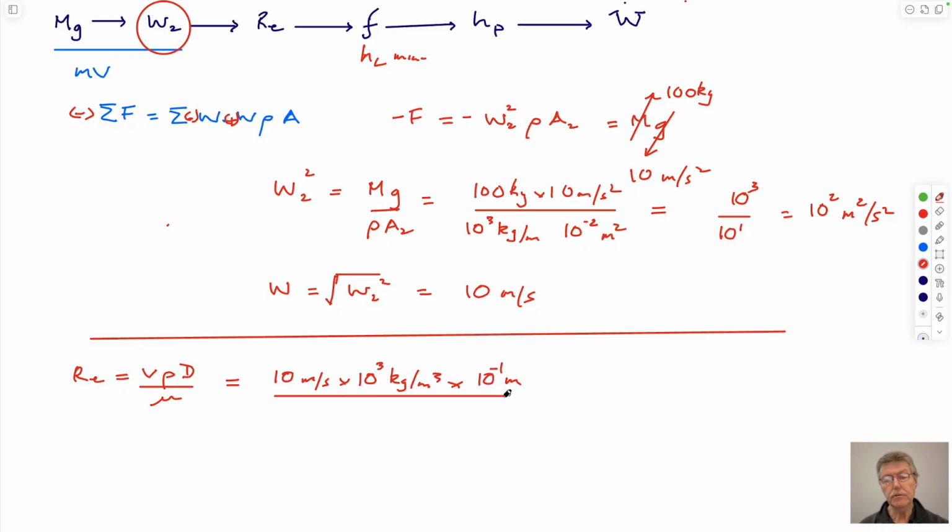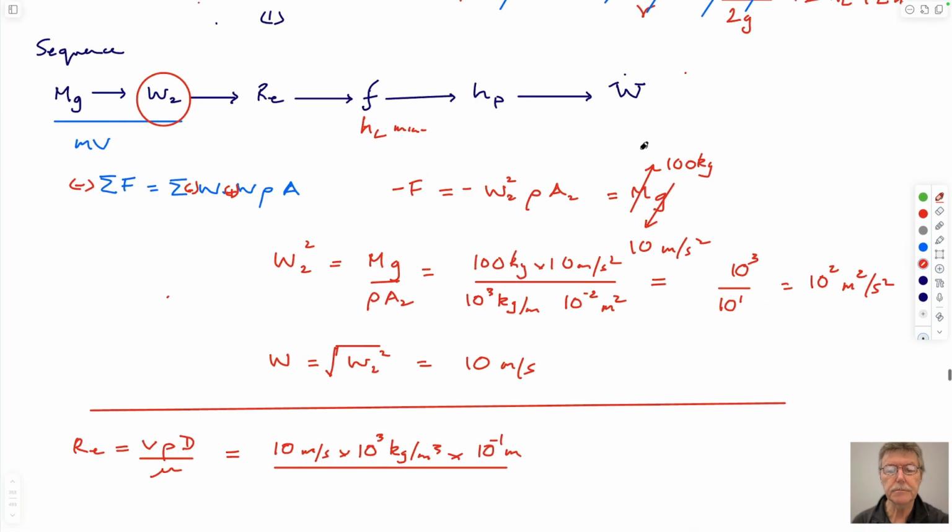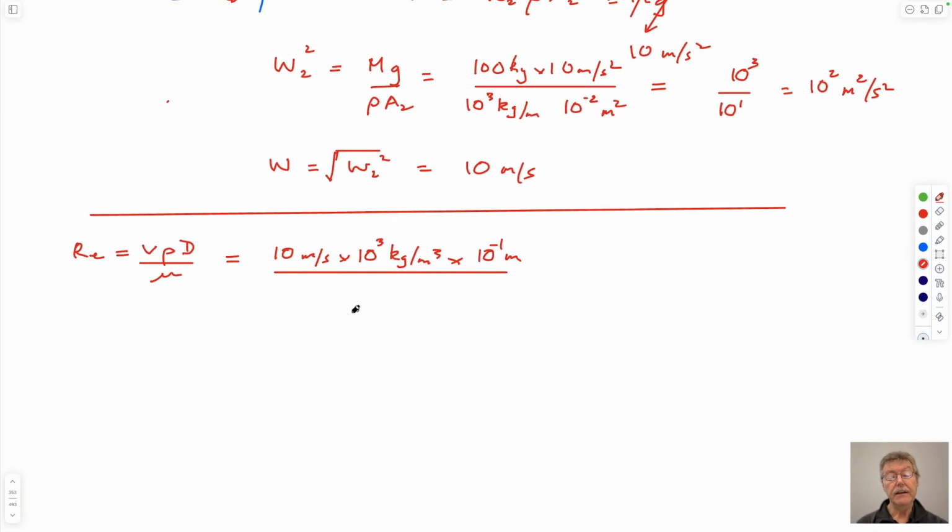It was just the square root of our area, because we're assuming a square cross-section pipe, just to make life easy. And viscosity for water is 10 to the minus 3 Pascal seconds, which is newtons per meter squared per second.